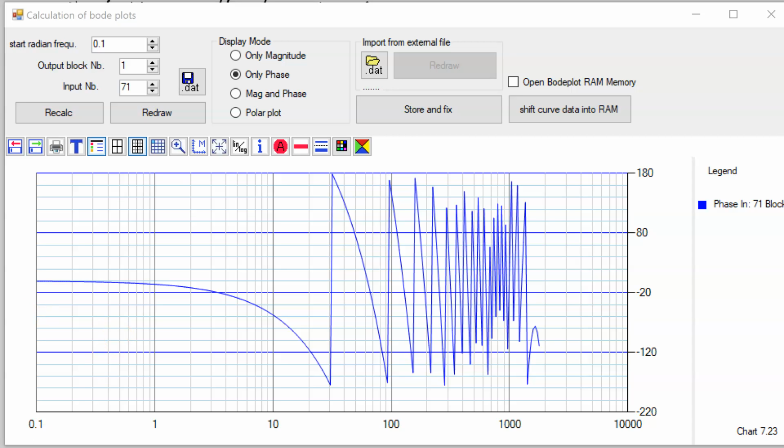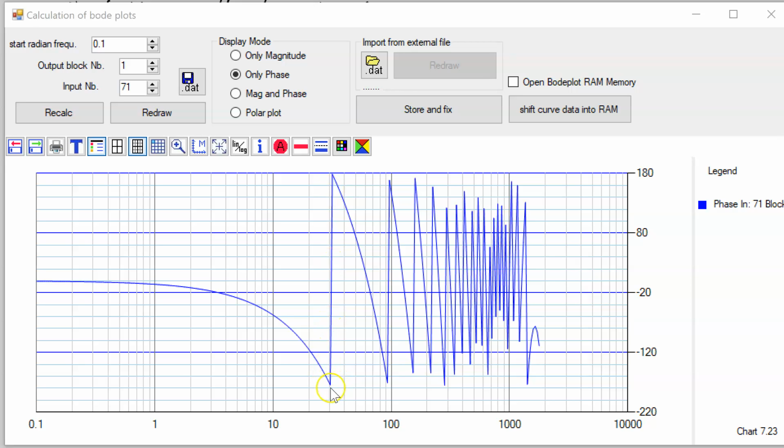phase wrapping. Phase wrapping means all values which are lower than minus 180, here is the phase scaling, here is minus 180 at this point, are shifted by 360 degrees to positive values.